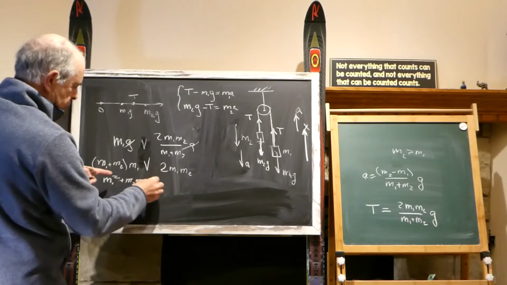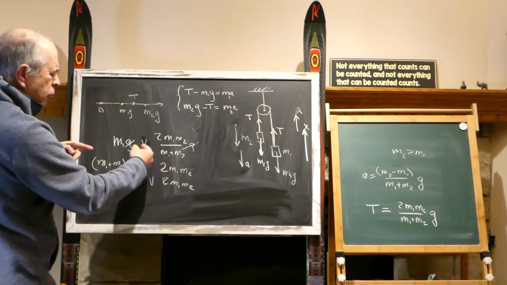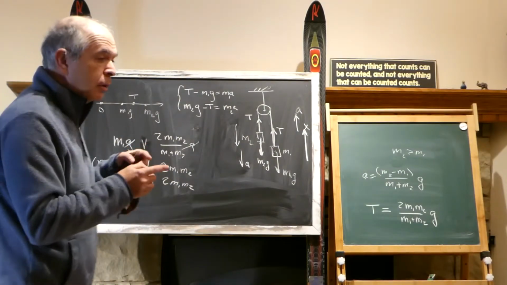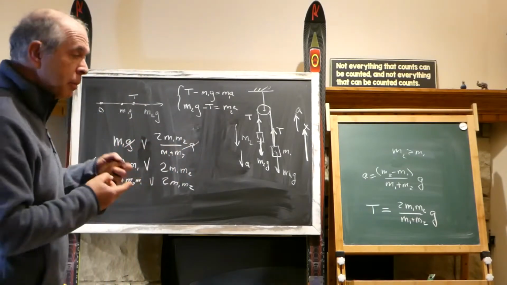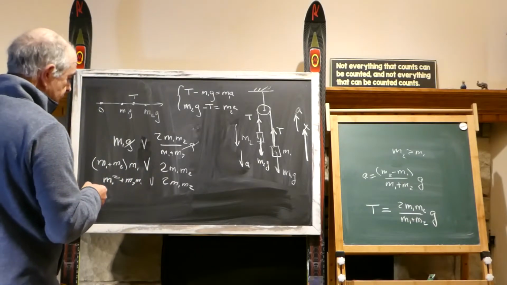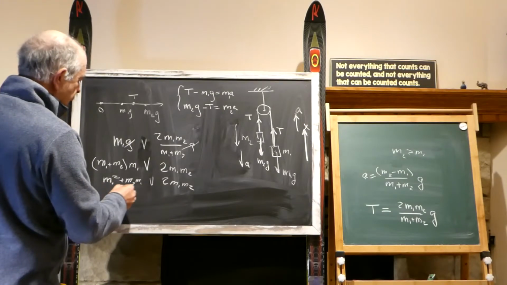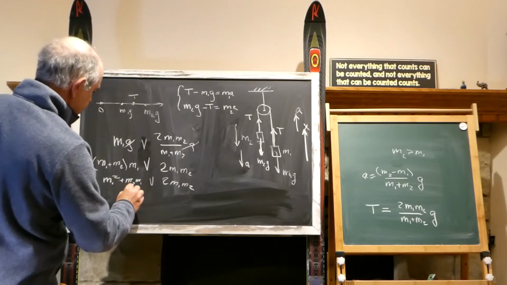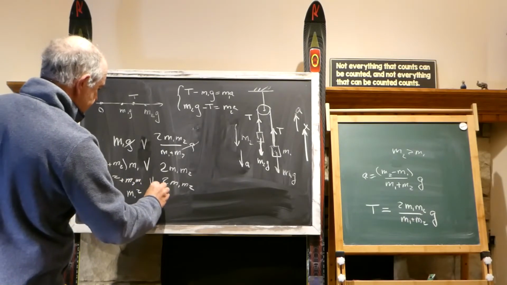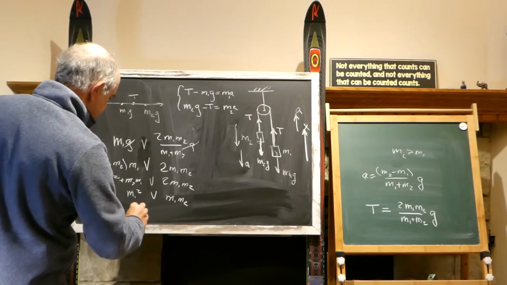M1 and M2 are all positive numbers. When you're dealing with an inequality, it's important not to accidentally multiply by a negative number, because then the transformation would not be equivalent. But M1 and M2 are positive, so I see M2M1 on both sides.